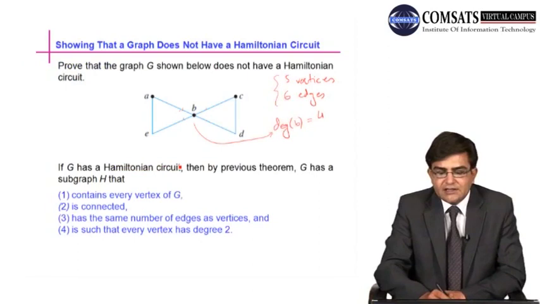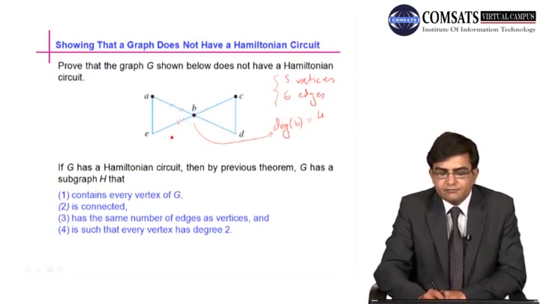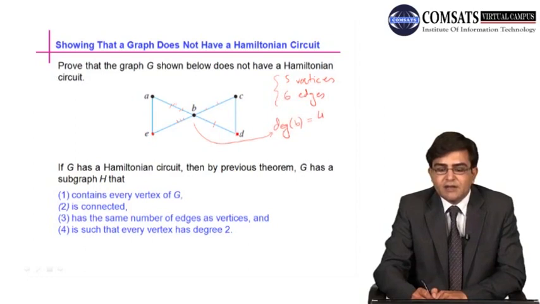If we remove these two edges, the subgraph will not be connected, and also the degree of A becomes 1 and the degree of E also becomes 1. So we cannot remove either of these edges. If we remove this edge, the degree of C becomes 1. If we remove this edge, the degree of D becomes 1.